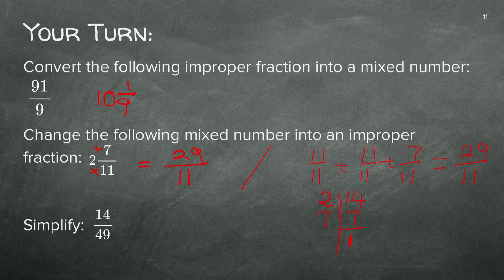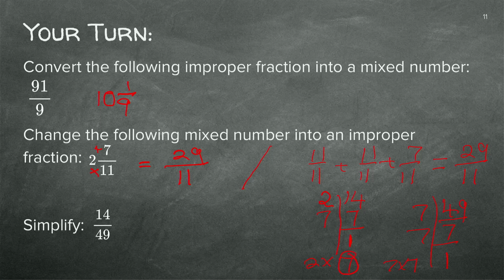We know the factors will be 2 times 7. The fingerprint for 14 is 2 times 7. And on this side, we go to 49. We know 49 is a square, so 7 goes into 49, 7 goes in there, 1. So 7 times 7 is our fingerprint for 49.